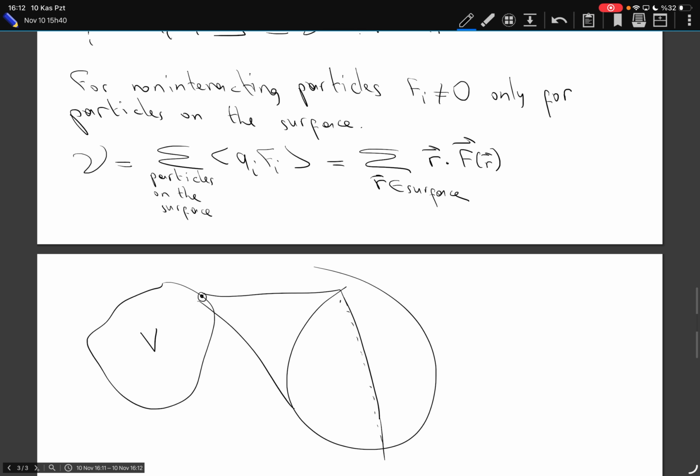Well, the surface will exert forces on all these particles perpendicular to the surface. These are my Fi's. And my Fr is just the sum over all these Fi's for particles at the position R. This is what I mean by Fr.